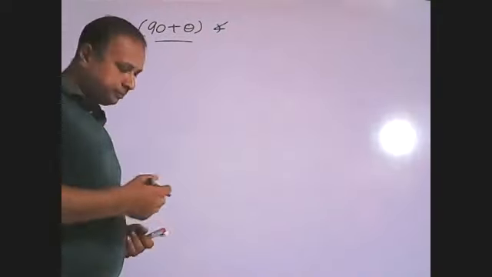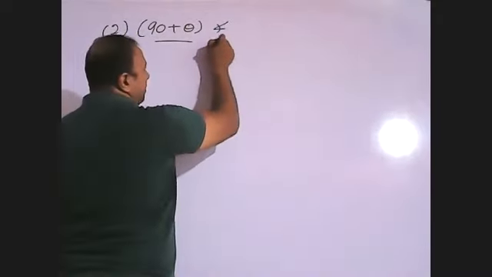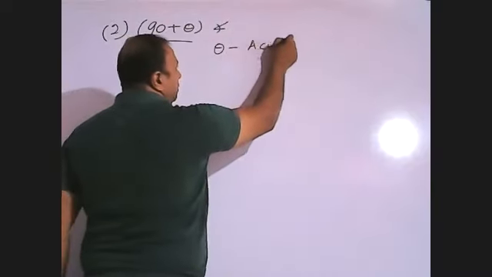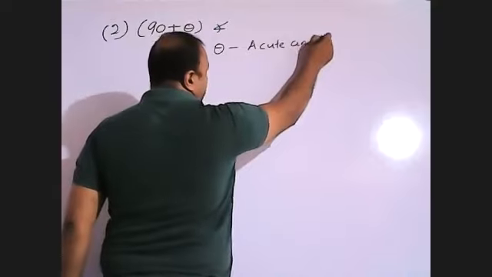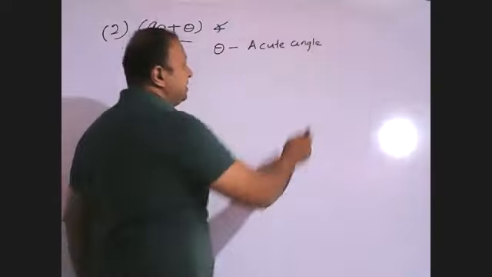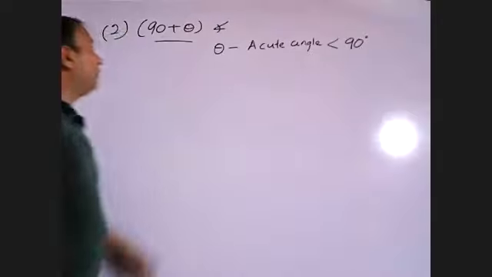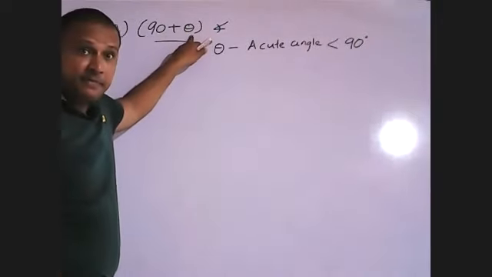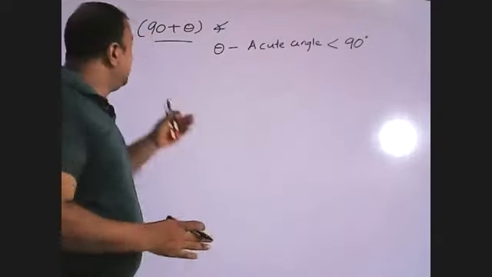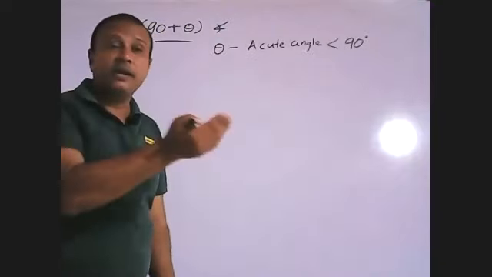You know, theta is an acute angle. That means it is lesser than 90. Therefore, 90 plus theta is an obtuse angle. That means that angle is in between 90 and 180.